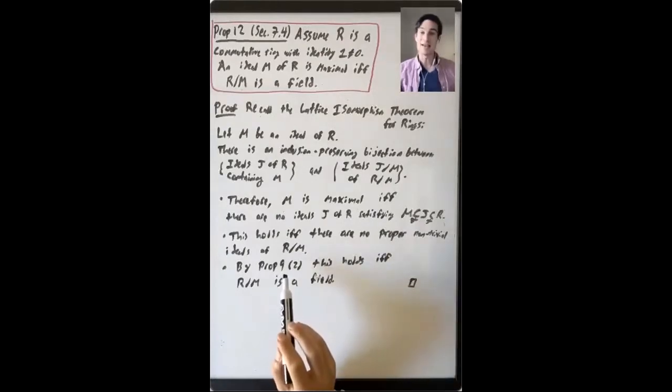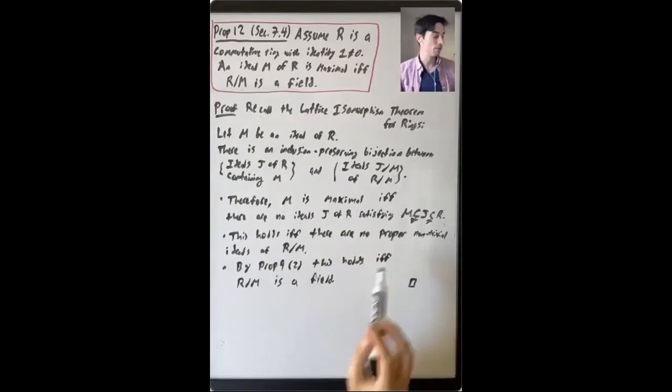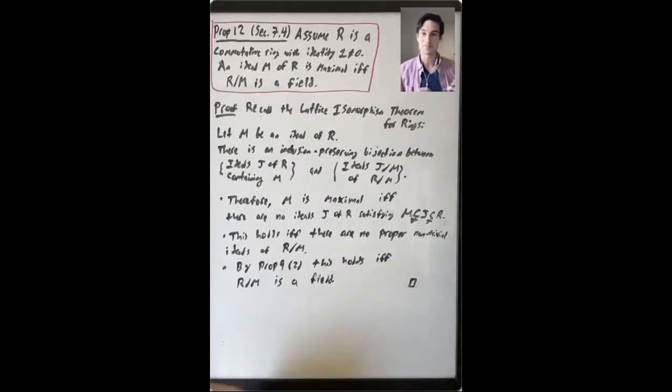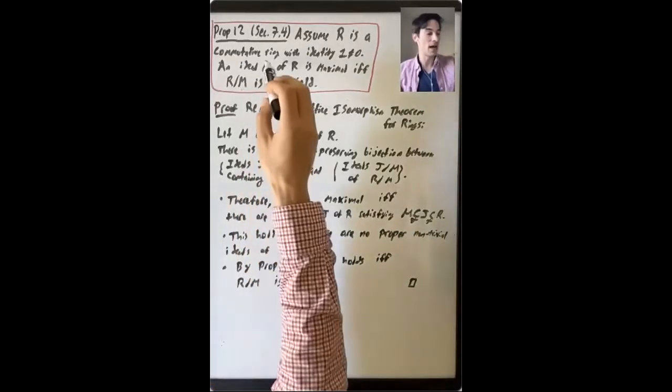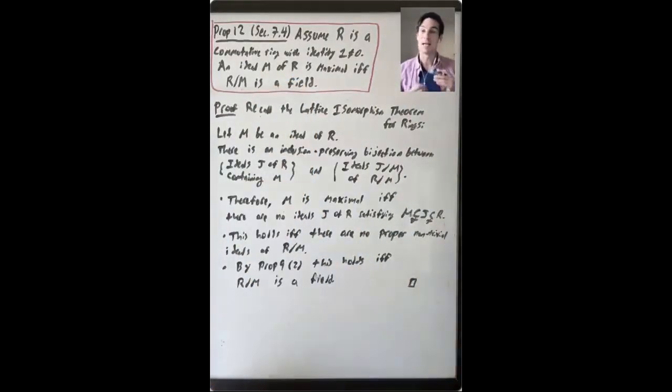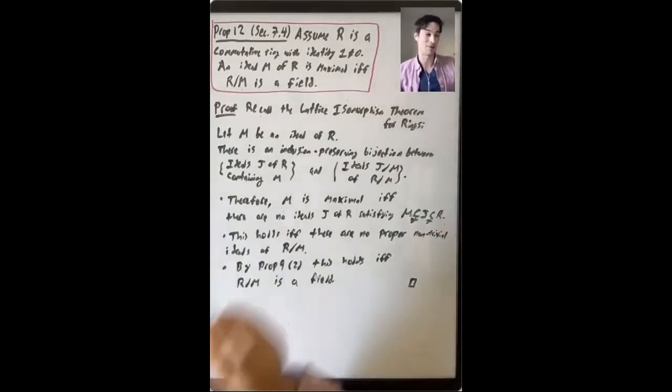That's exactly a field by part 2 of proposition 9 that we proved at the beginning of this lecture. So we have seen that you can tell whether or not an ideal is maximal by taking a quotient and seeing whether you get a field. OK, so I'll pause and erase, and we'll look at some examples of ideals and determine whether or not they are maximal ideals using this proposition.